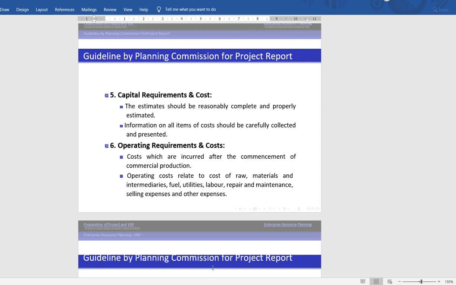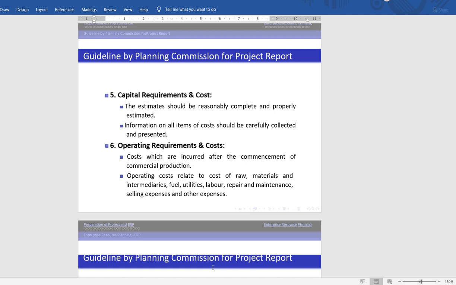It describes all the capital requirements for that project, and this information is presented in the project report. Each cost should be collected and then reported.